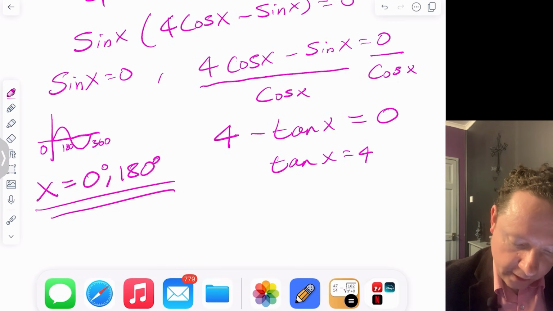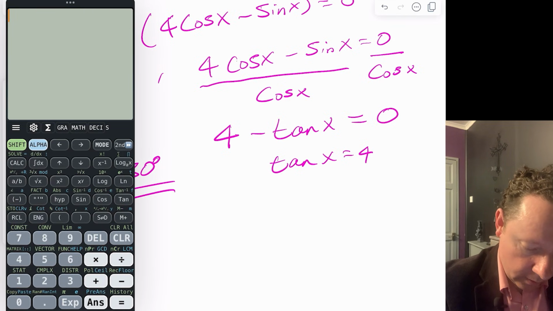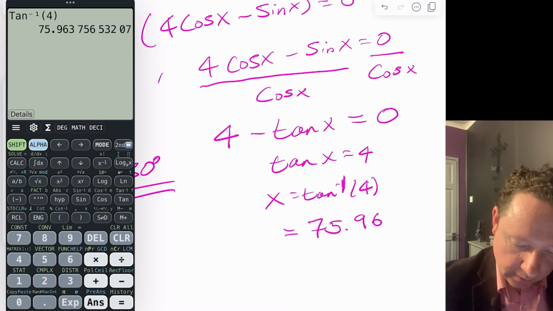Inverse tan of 4 then. Make sure you're in degrees. 75.96, and then cast diagrams, what a lot of people usually use, so I'll just use that.